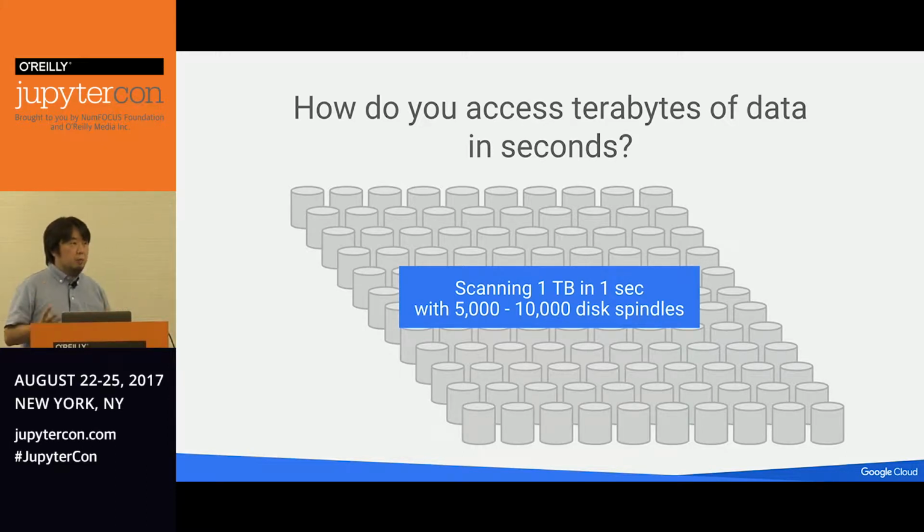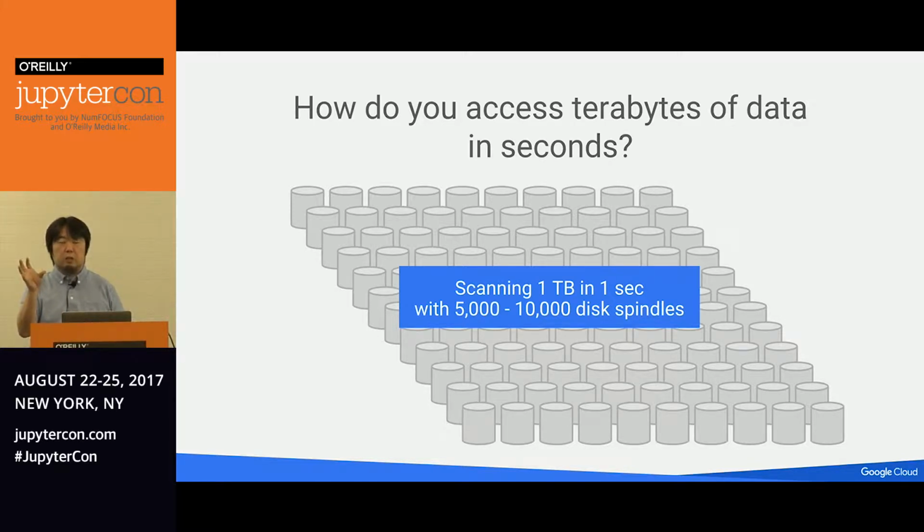And that is based on a very simple experiment we did at Google many years ago. We did an experiment to learn how many disk drives you would need to scan 1 terabyte of data stored on hard disk drives in 1 second.